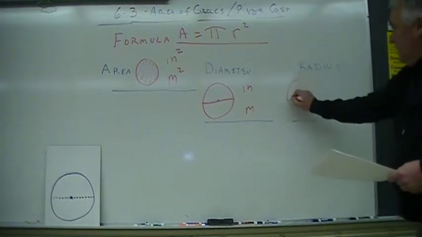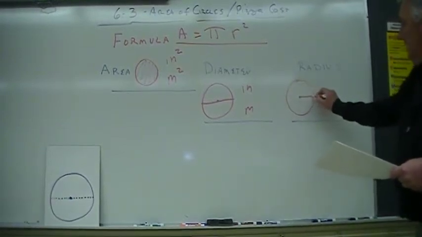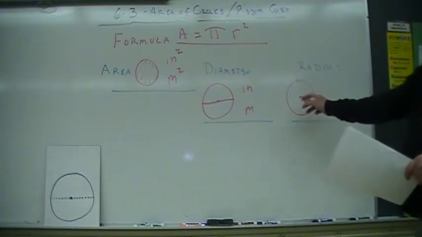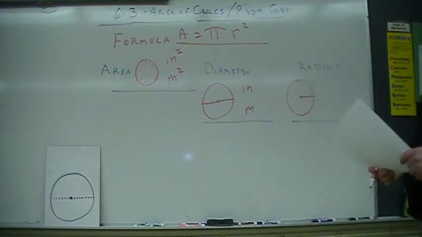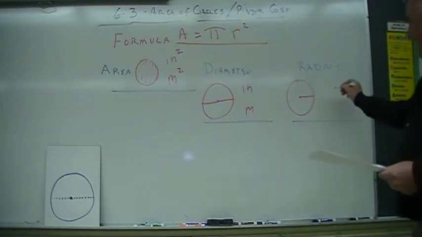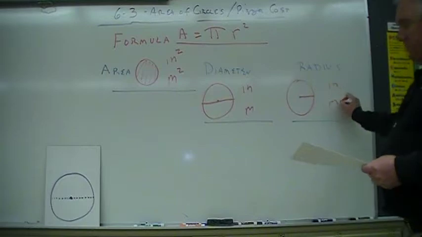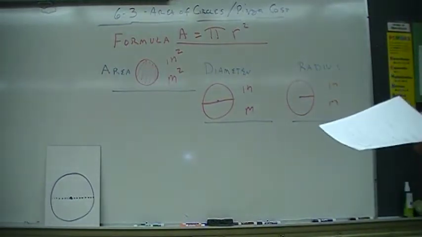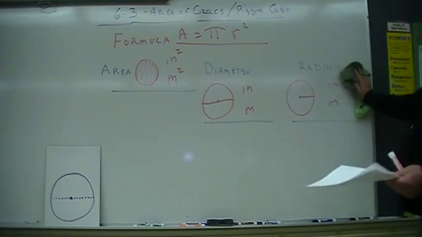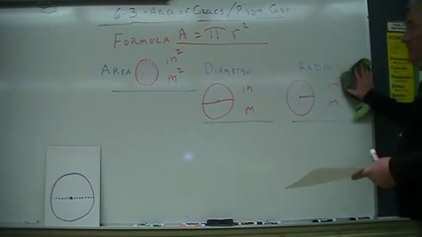The radius is from the center to the edge of the circle. Half of the diameter, that's going to be important as we get going on some things. It's also measured in inches and meters as well. Okay? So that's that part. Hopefully you have that down. Pause it if you need to rewrite anything.